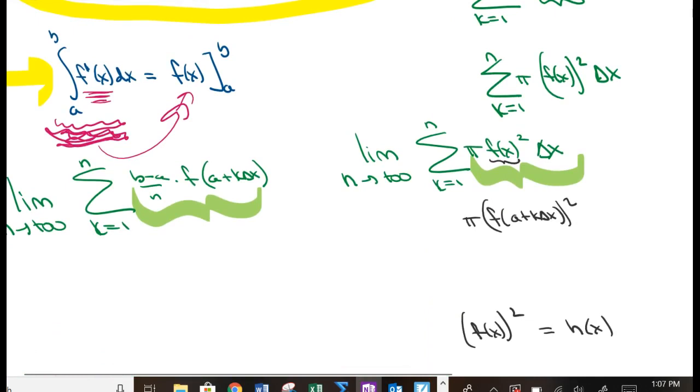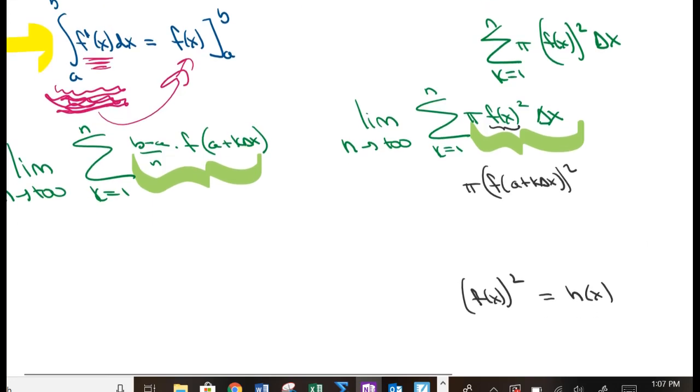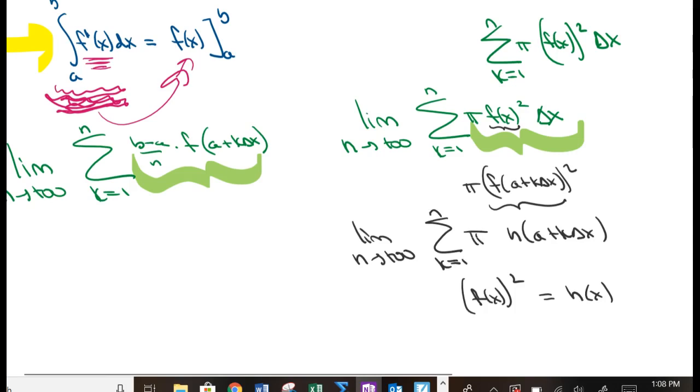This is perfectly fair, to define a function in terms of an operation on another function. Then couldn't I just rewrite f of a plus k delta x squared as h of a plus k delta x? And then what we have is the limit as n approaches positive infinity of the summation from k equals 1 to n of pi times h of a plus k delta x.